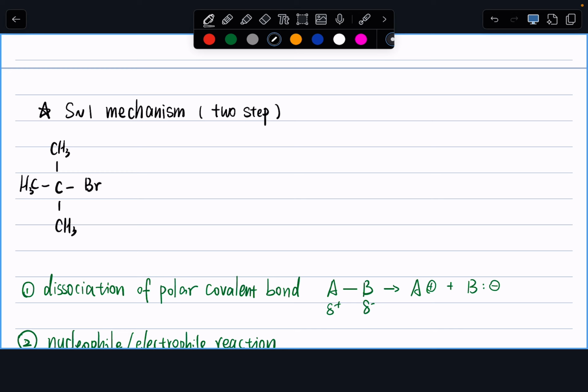In this case, we're looking at the carbon and the bromine, where my bromine is my leaving group. We're dissociating this polar covalent bond into a carbocation intermediate and Br minus.